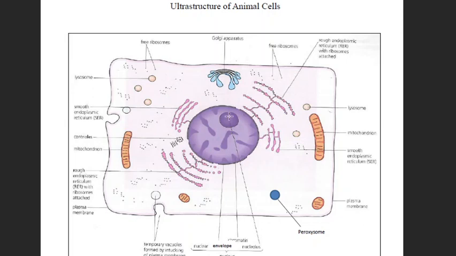So in order to extend the lifespan of RNA and protect it from the hydrolytic enzymes that are present in the cytosol, this mRNA is processed and then transferred from the nucleus to outside the nucleus.